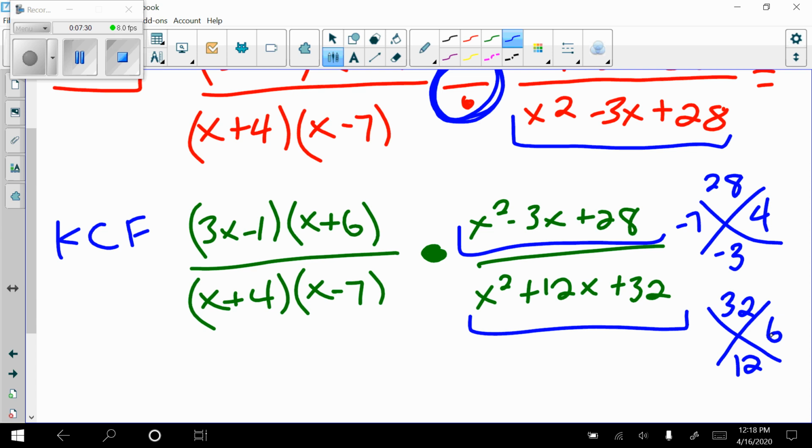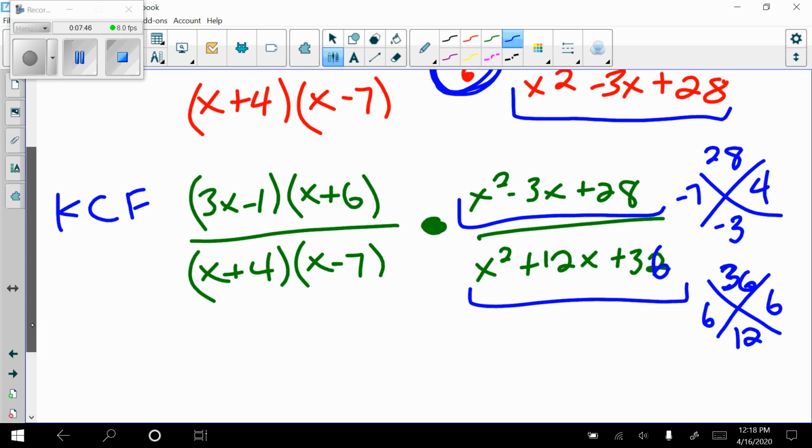So that's going to be 6 and, no, sorry. Oh, this is 36. Sorry, so we can use 6 and 6.